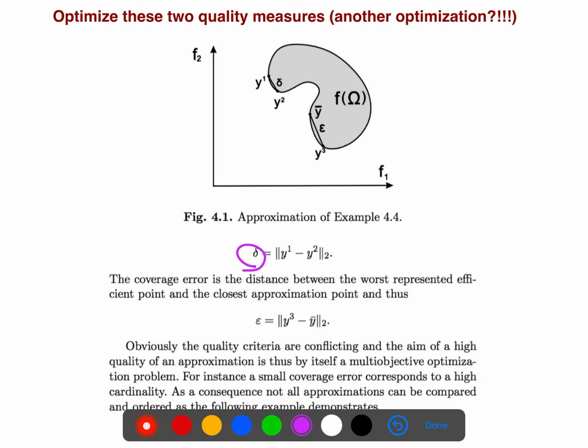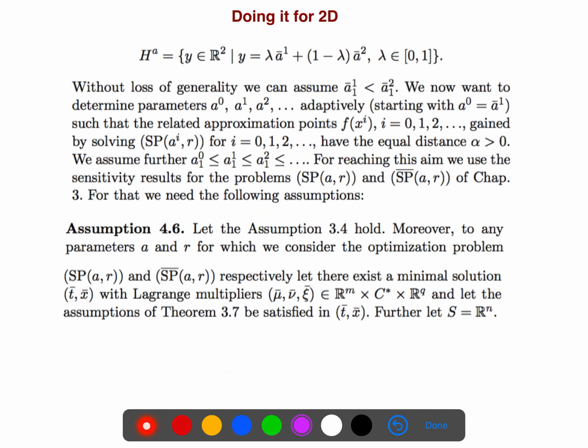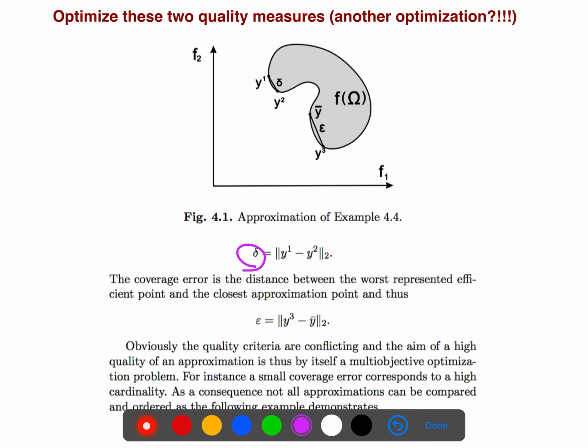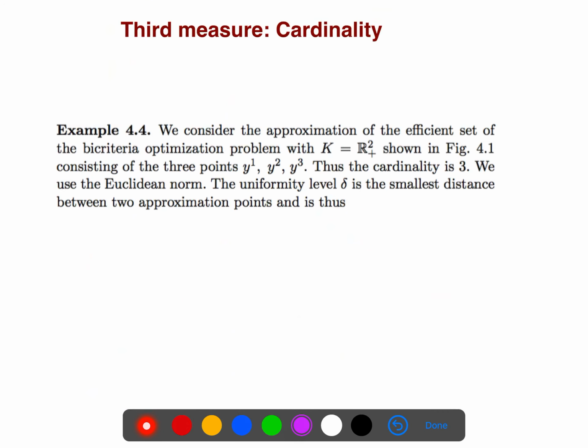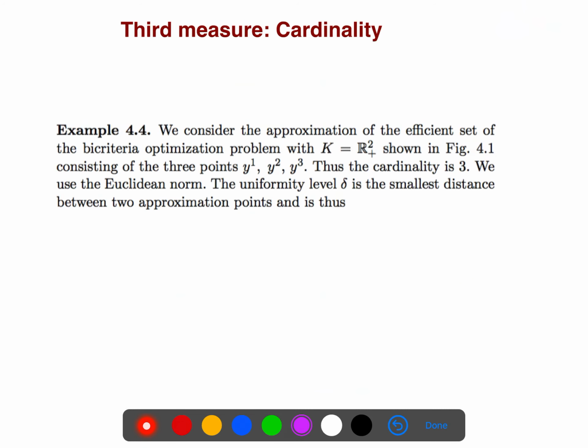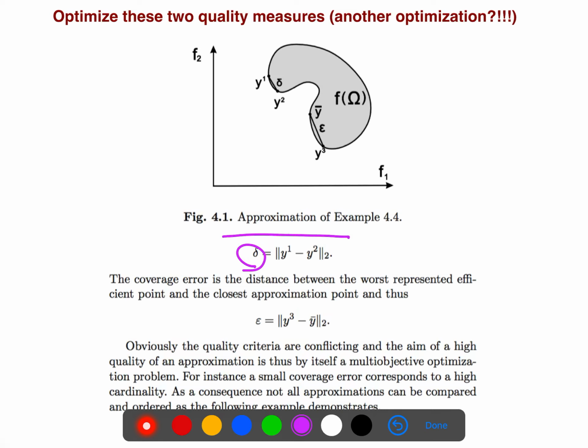Geometrically, you can say that delta is another quality measure. It is related to, for example, y1 and y2 inside your approximation set.